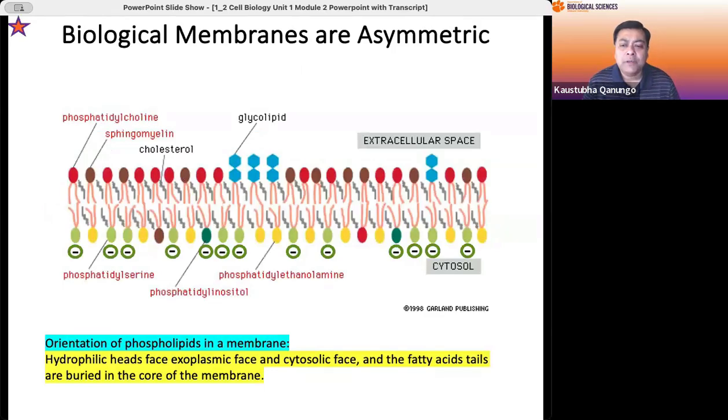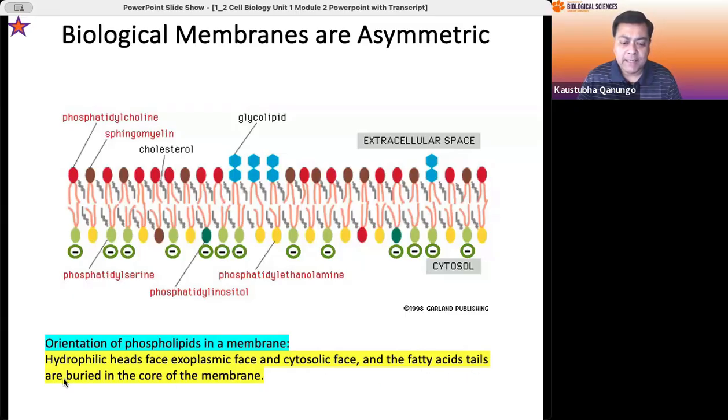All right. So after that, we are looking at the biological asymmetry of the membrane. And this is the first thing that we talked about, and again, we are repeating that. When we looked at the very first slide, we talked about how you need to know the orientation, or the topology, of the phospholipid in the membrane. So from here, the hydrophilic heads face the exoplasmic face and the cytosolic face.